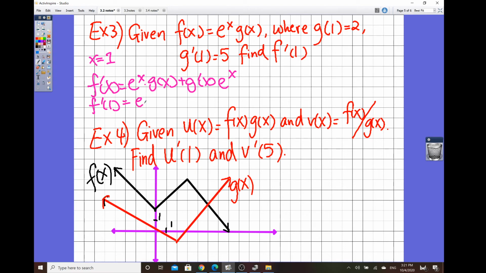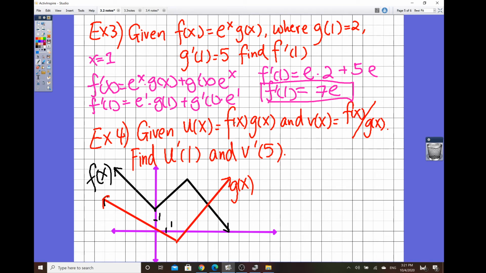So we got e to the first power times g of 1 plus g prime of 1 times e to the first power. So f prime of 1 equals e times g of 1, which is given already, times 2, plus g prime of 1, also given, which is 5 times e. So 2e plus 5e, guess what? 7e. And that's all you need to show.